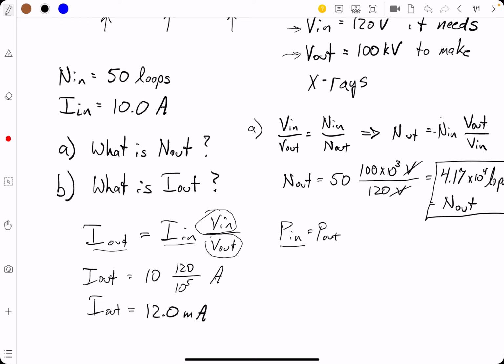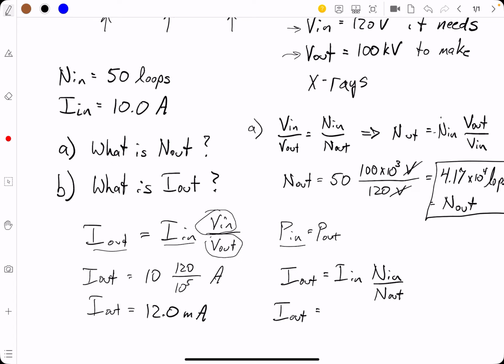Fine. That's great. We could also do it with the N's, and you're going to end up with a similar situation. You're going to say that I out is equal to I in times N in divided by N out. And hopefully we're going to end up with the same answer.